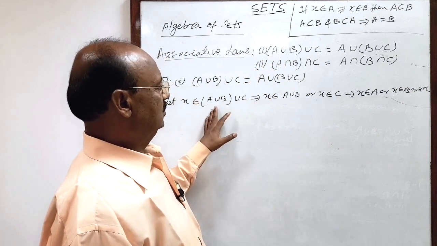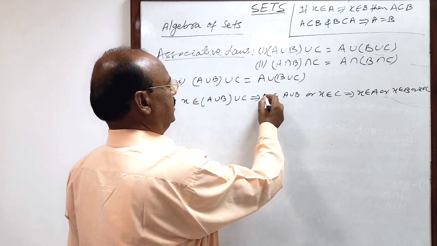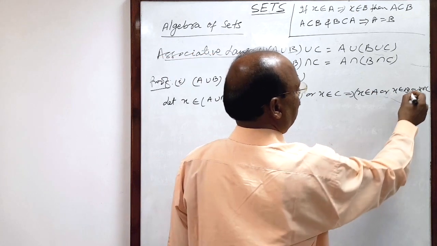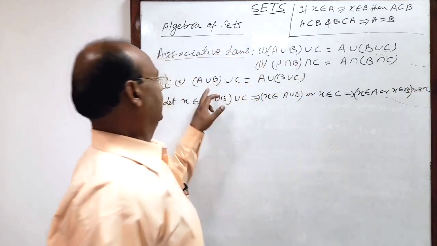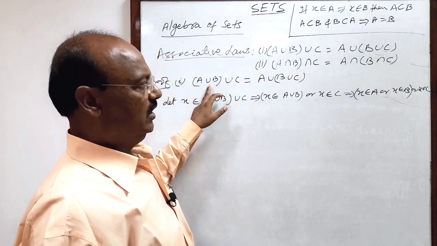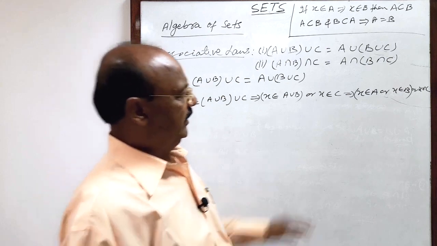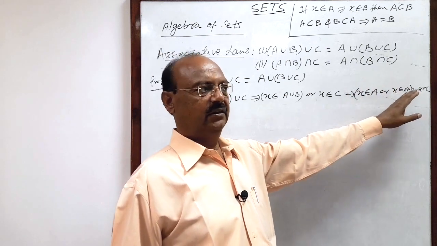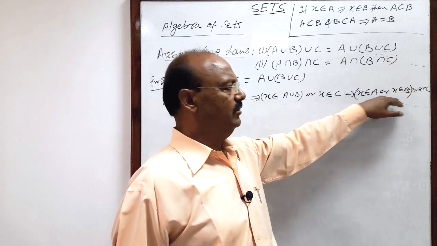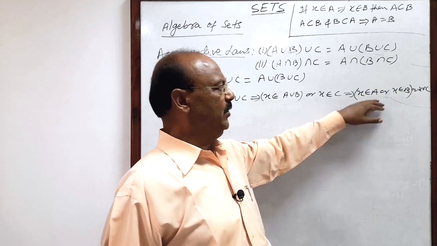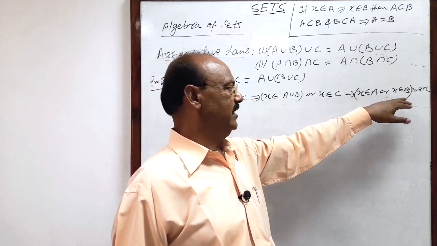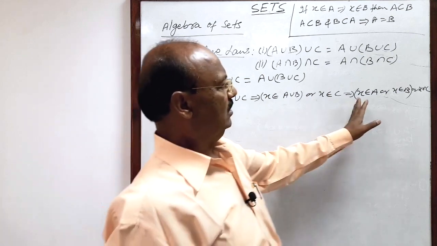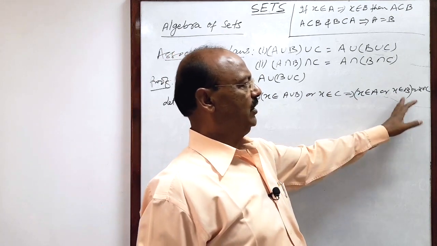Here, X belongs to A or X belongs to B is in a bracket. But if you write the same statement and only change the bracket, its meaning will not change. It will remain the same. So we are simply changing the position of the bracket.